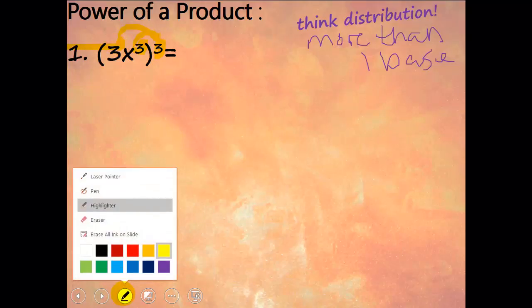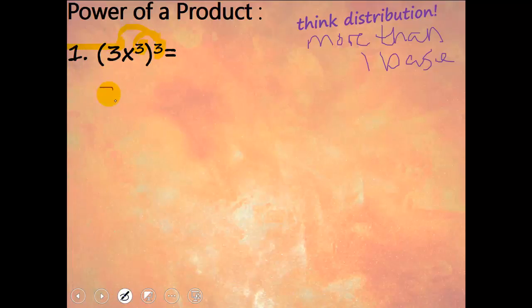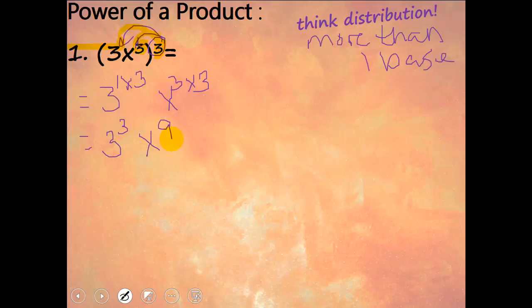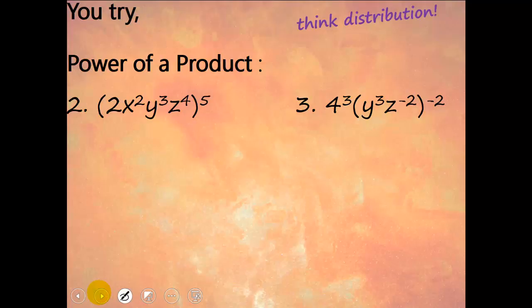So what we have here is a base 3, that's to the 1st, and we have a base x cubed, and then this outer exponent is going to get applied. So it's 3 to the 1 times 3, x to the 3 times 3. So this is 3 raised to the 3rd power, x raised to the 9th power, and that gives us 27x to the 9th.